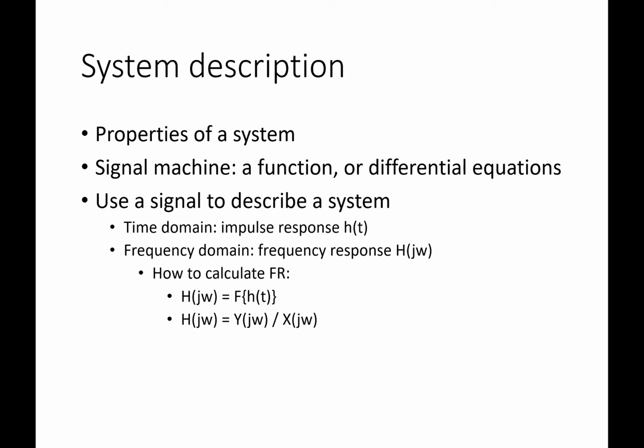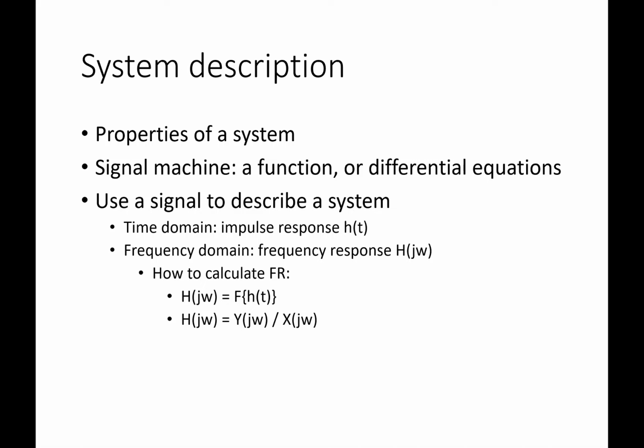Okay, let's go to the description of a system. Before, everything was about signals, and now we have systems. To describe a system, first we have some properties of a system, as we saw in the first few chapters, like LTI system.